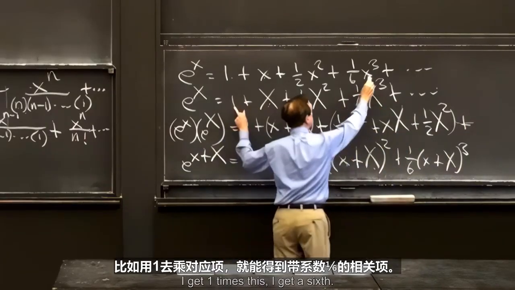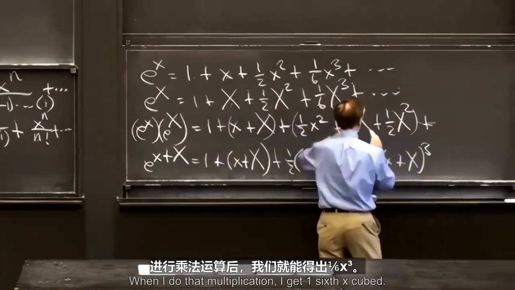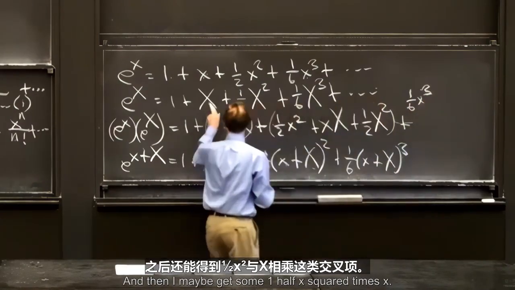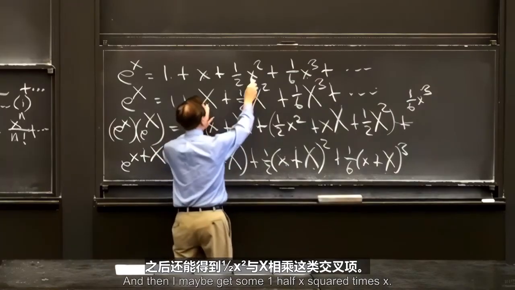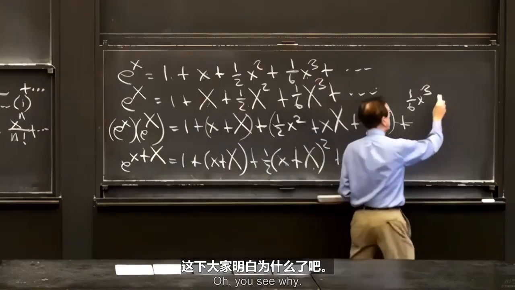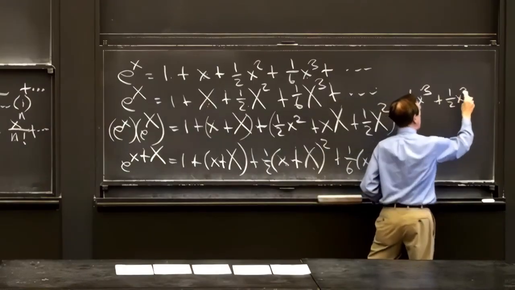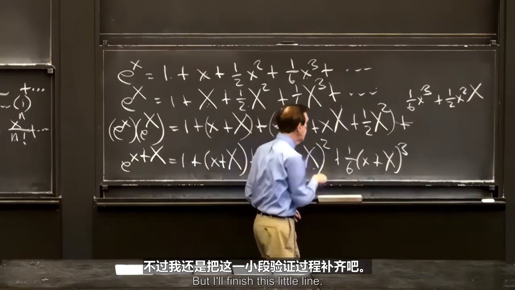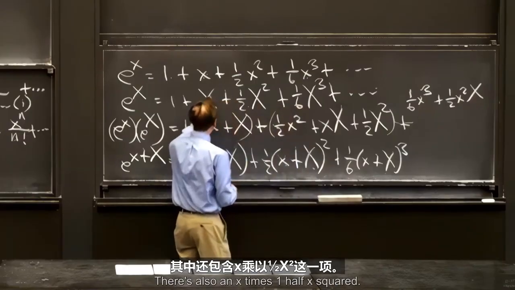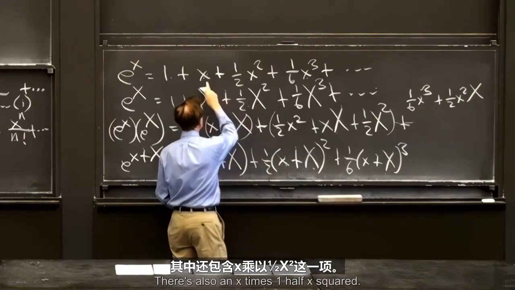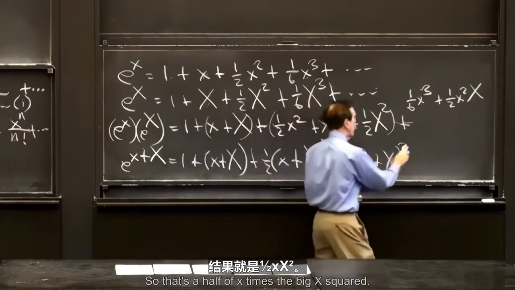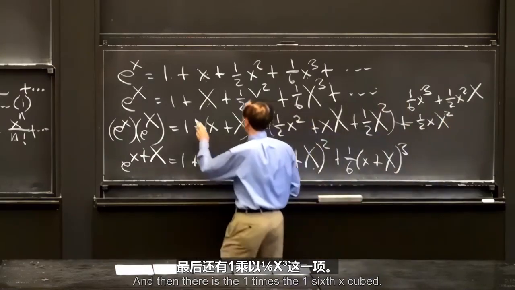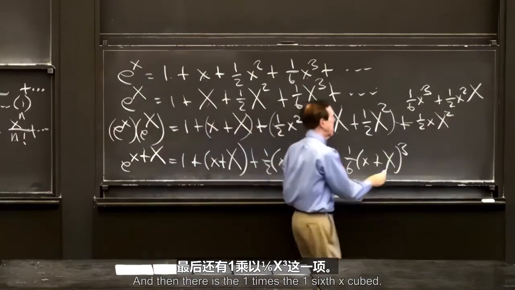I get 1 times this, so I get 1/6 x cubed. And then I maybe get some 1/2 x squared times X. Oh, you see why I would rather you did this. But I'll finish this little line. There's also a 1/2, an x times 1/2 X squared, so that's a half of x times the big X squared. And then there is the 1 times the 1/6 X cubed.